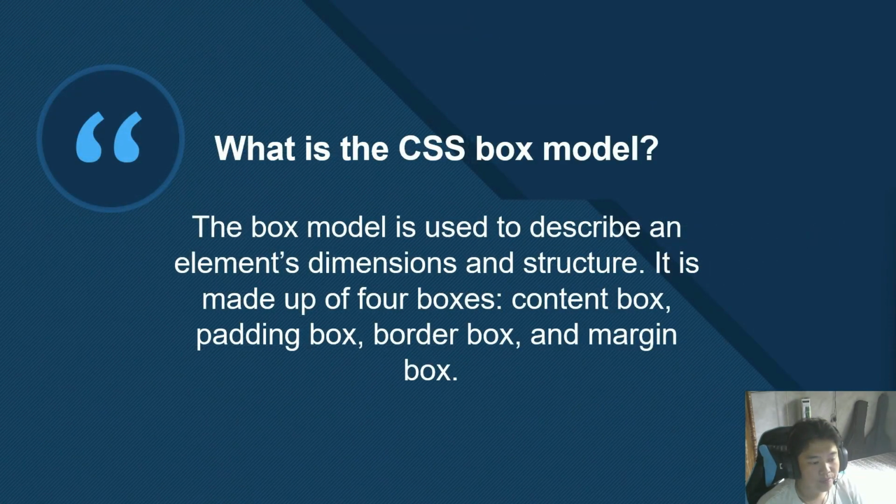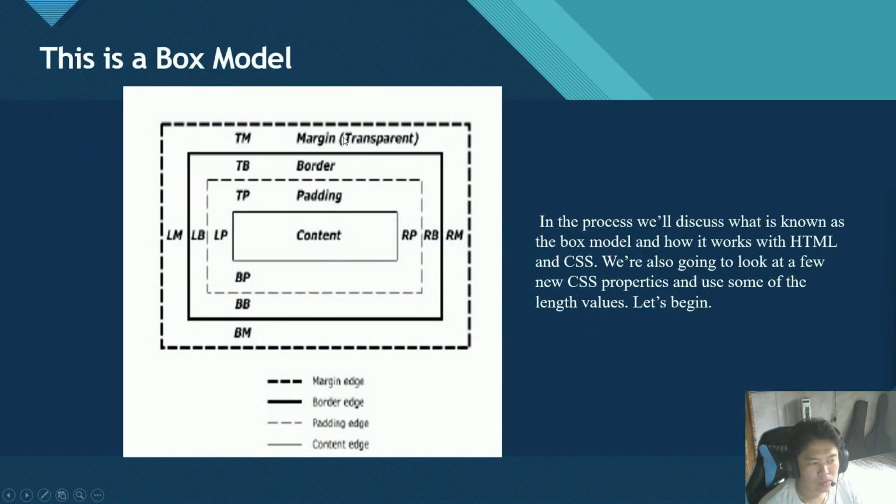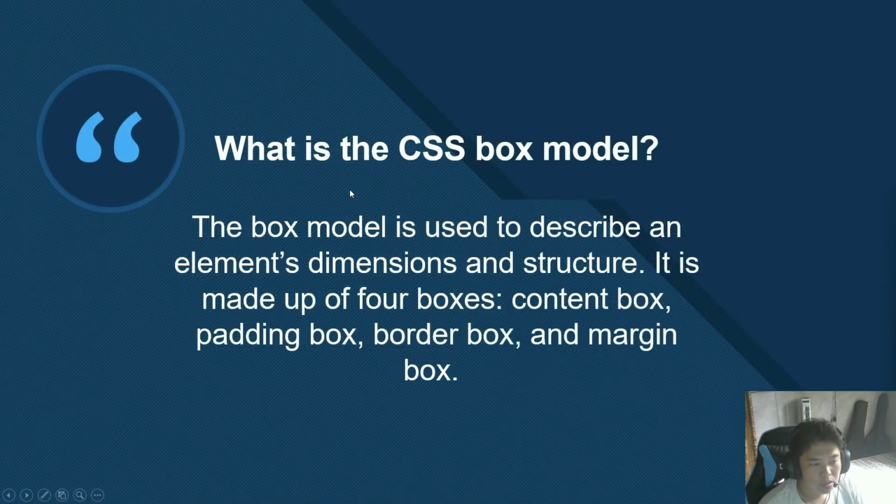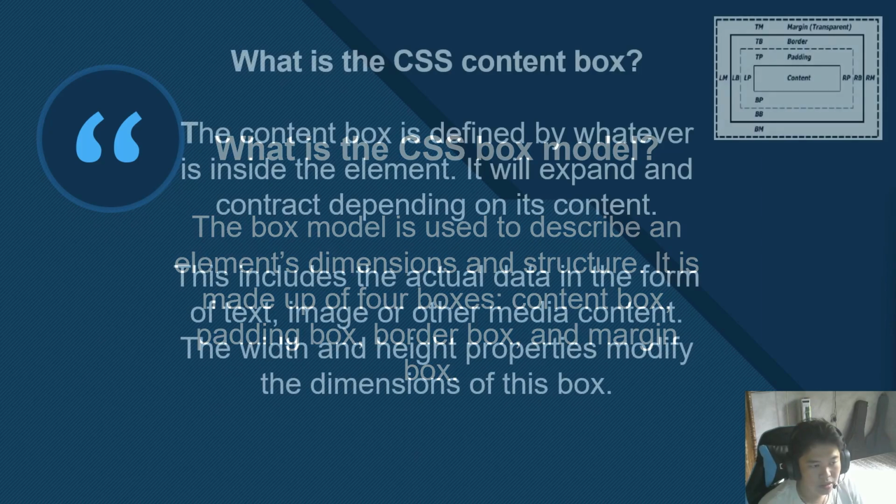We have the content box, the padding box, the border box, and the margin box. Okay, so there are four boxes in the box model. We will be discussing the 4 boxes one by one later.